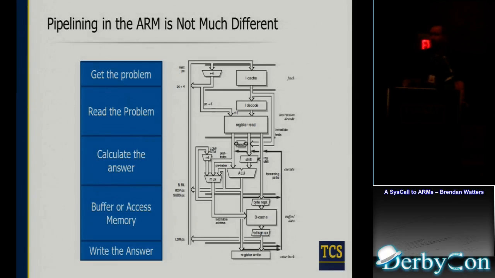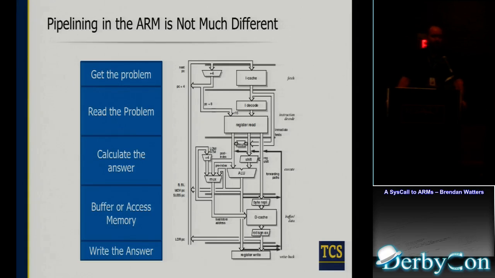Frankly, ARM is just the same way, at least with the early one. You can see basically that this is split up into 4 sections. You've got getting the problem, reading the problem, basically calculating the answer, then writing back the answer. This is an early 4-5 stage pipeline.